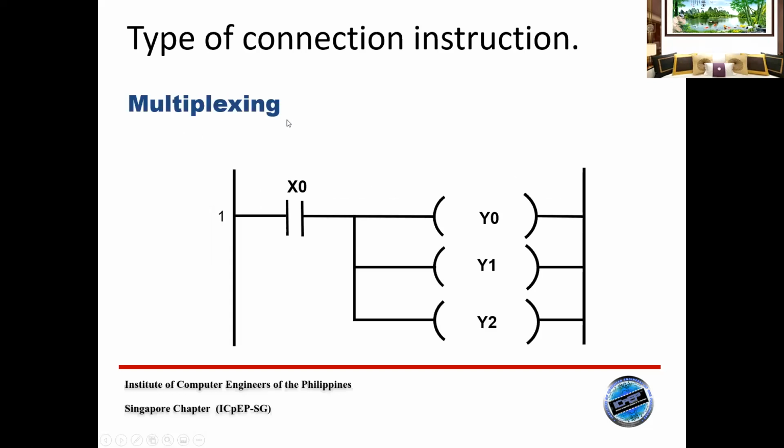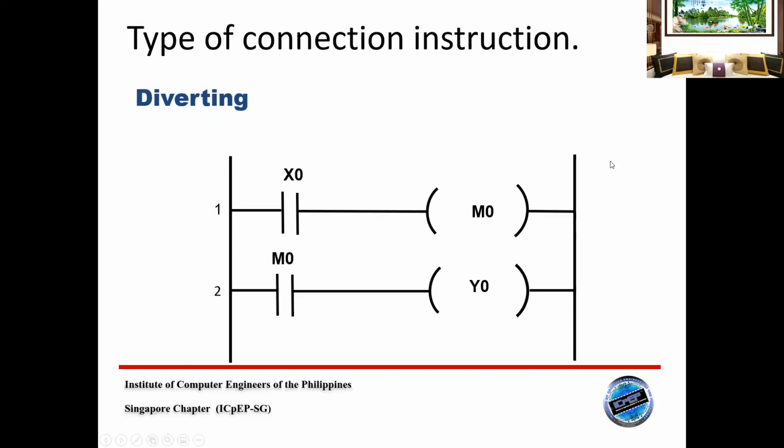So next is the multiplexing. We have the input, and then you can multiplex it to different addresses. So three addresses: Y0, Y1, and Y2. So it is a multiplexing. Next is diverting, where you divert to an internal memory. We have an input, and then you have an output coil, an internal memory, and then you use the internal memory to drive the output coil of Y0.